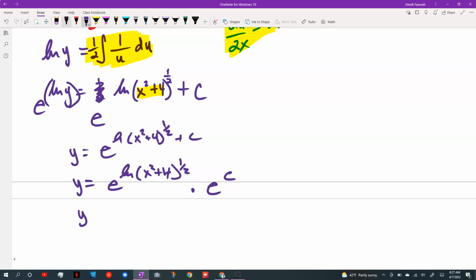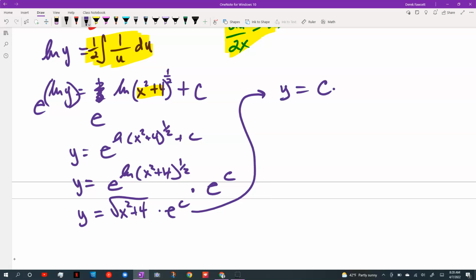And e to the natural log cancels, so you would have the square root of x squared plus 4 times e to the c. And remember, e to the c can be seen as a constant. So your final general solution would be y equals some constant times the square root of x squared plus 4.